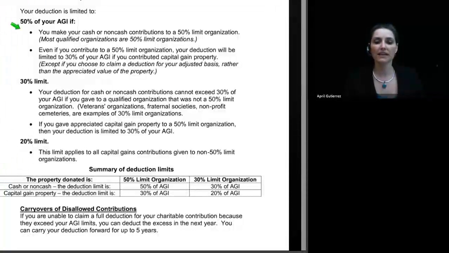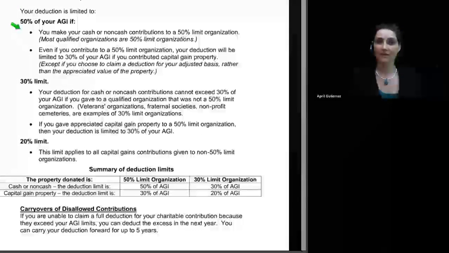And if you donate cash to a 50% organization, your deduction for a cash donation is limited to 50% of your income. So if I earn $100,000 in the year and I get really, really excited because the zoo is building a new exhibit and I want to be one of the founding patron sponsors, so I donate $60,000 to the zoo in cash, now I would be limited.